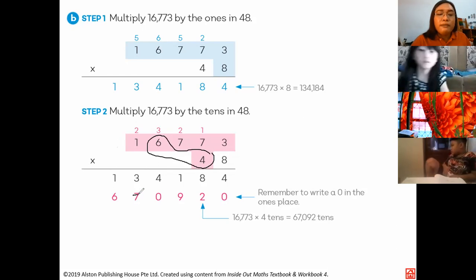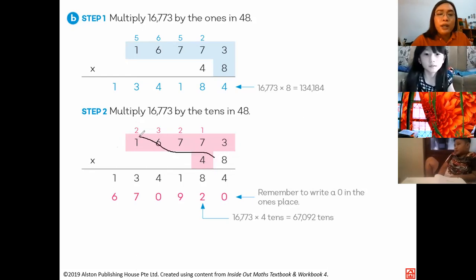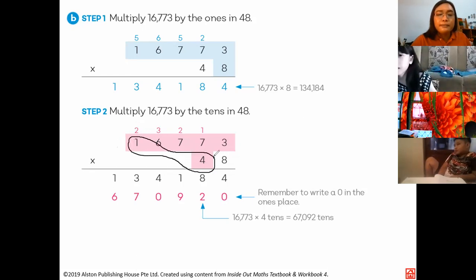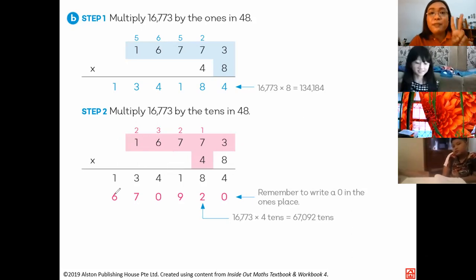So we put 7 over here and then carry the number 2. 4 multiplied by 1, that's 4 plus 2, 6. Okay, so we put 6 here. So that's step number 2.